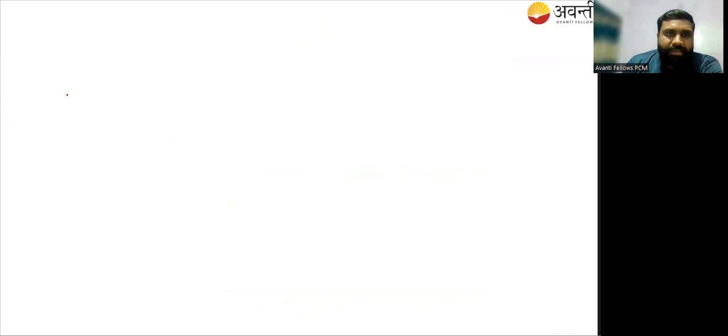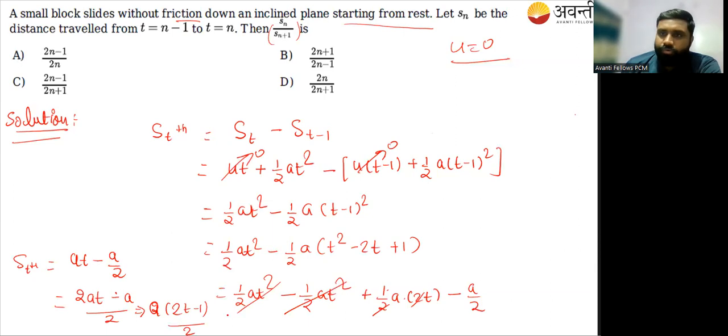Now an expression we have got, that is Stth is equal to a by 2 into 2t minus 1. Now what we need to calculate, Sn or Sn plus 1. So what we are going to do, we will put the value of n and n plus 1 in the equation.